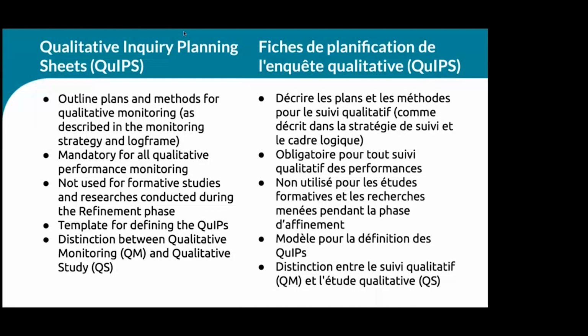And these will allow you to outline your plans and the methodologies for any qualitative monitoring. It's mandatory for all qualitative monitoring, but it's not used for formative studies and research conducted during the refinement phase. We'll go through the template in future slides as well.